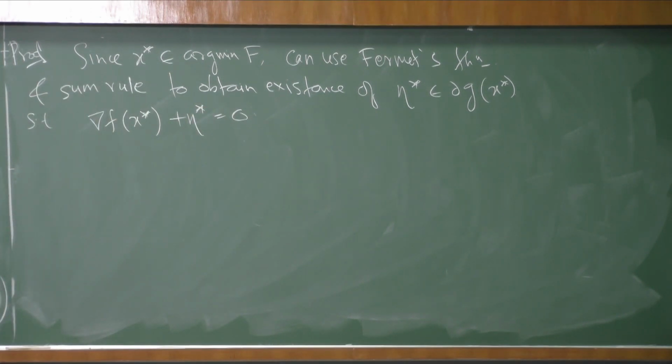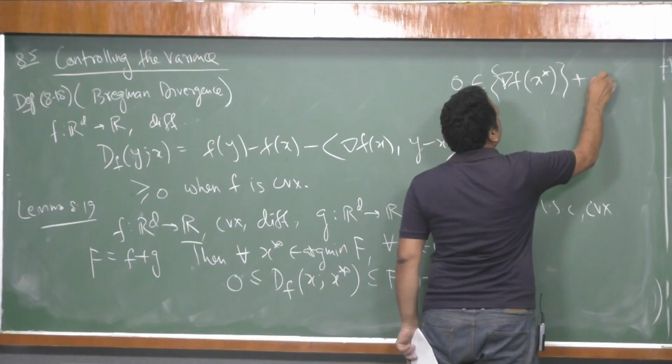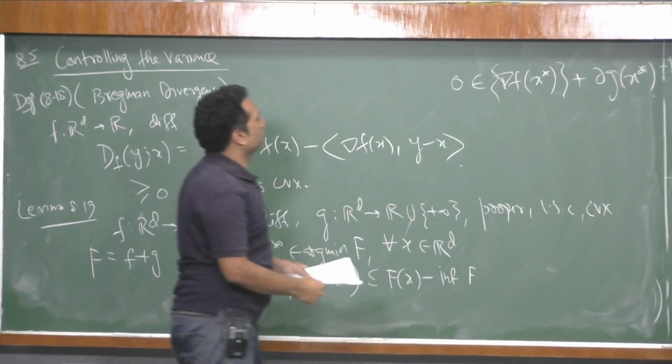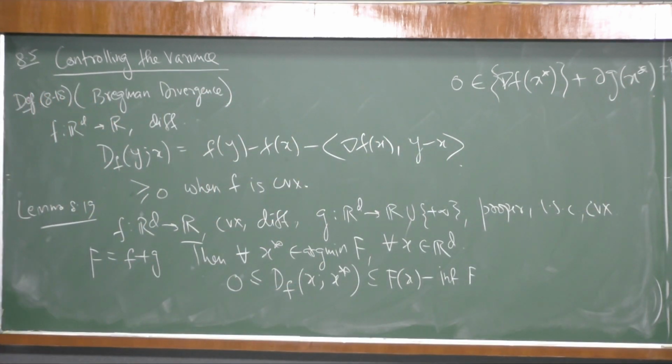That's a roundabout way of saying the same thing. The direct application of Fermat's theorem would mean that 0 belongs to the subdifferential of F at x star, but here we wrote it in a slightly different way.